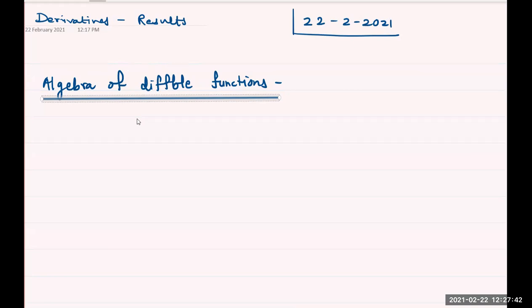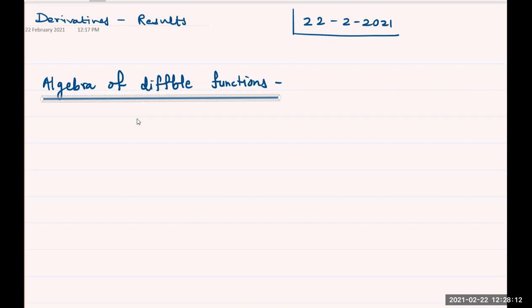We will see only the statements, that is the results for algebra of differentiable functions, and the composite function ka differentiation ka rule, jisko you must be remembering the chain rule you studied in 12th standard, and the inverse function differentiation ka result. So these results, the statements only we will see, and one or two examples based on these statements will be seen today.